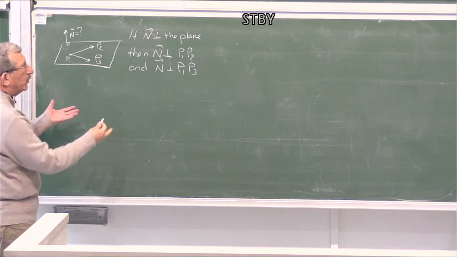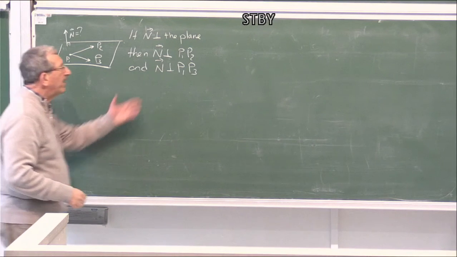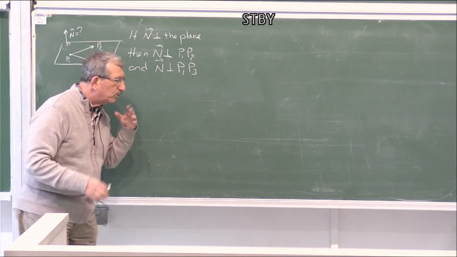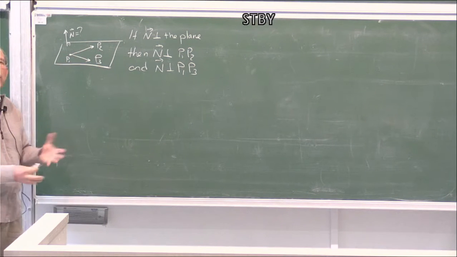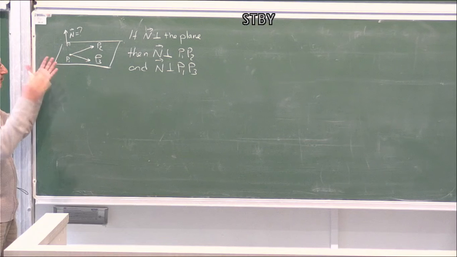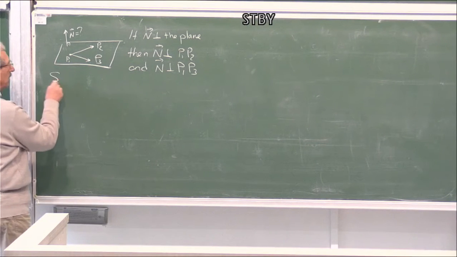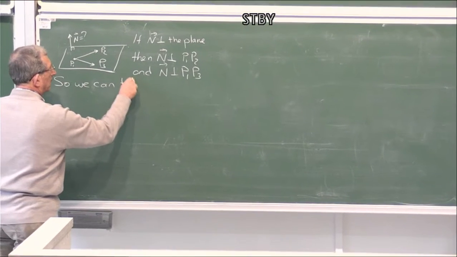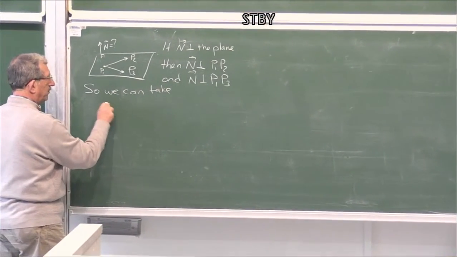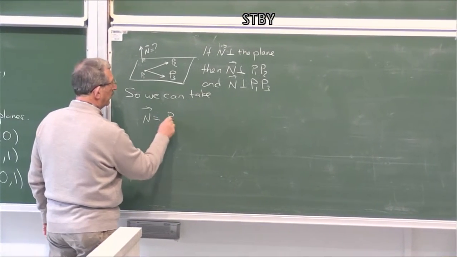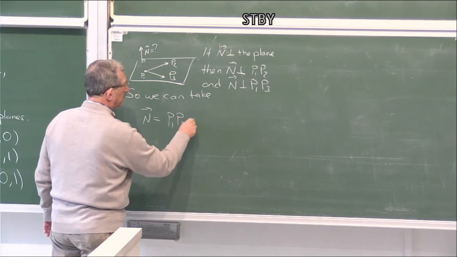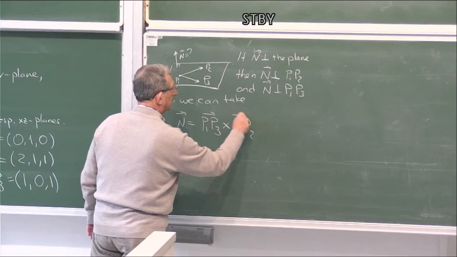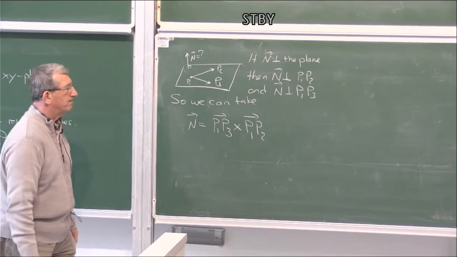Well, since we want to find n, a vector perpendicular to 2 given vectors could be taken as their cross product, because the direction is not important. So we can take n to be, say, P1, P3 cross P1, P2.